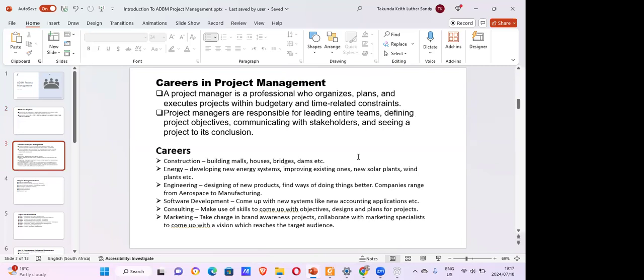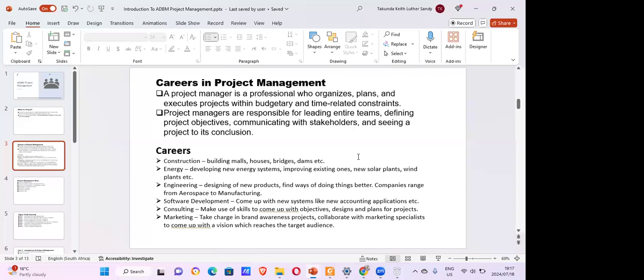All right. Careers in project management. So you can have a career in any field when you do project management. You can have a career in energy, right? You can have a career in construction, where we talked about building of things, construction of things. You can have a career in engineering, right?